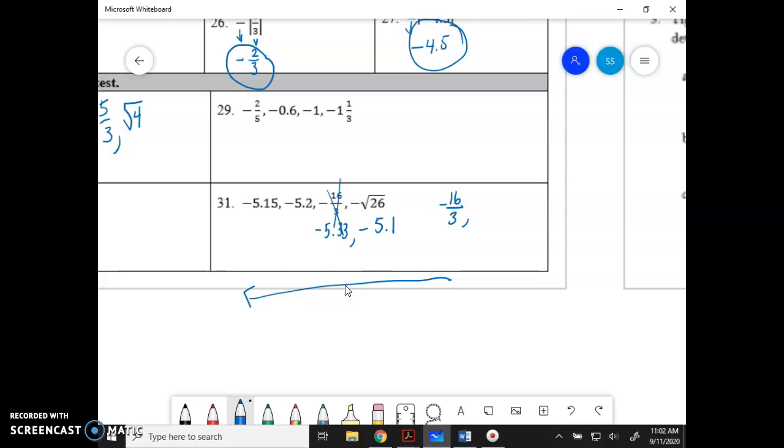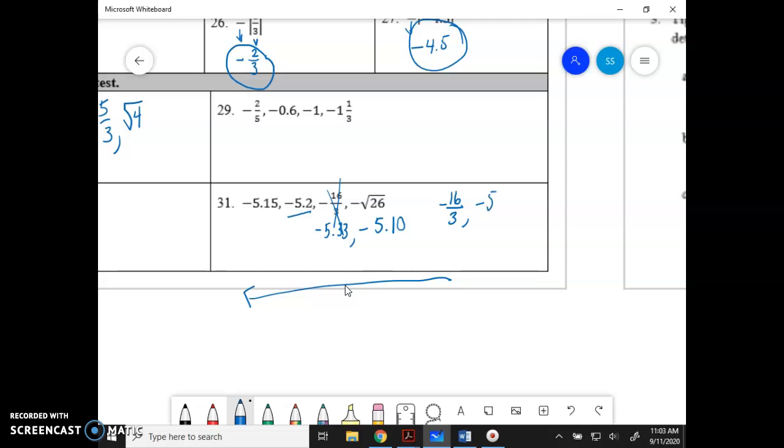All right, what is smallest next? Well, we got negative 5.1, negative 5.15, negative 5.2. And if you're not sure, if you add zeros, that might help. And just remember, we're negative, so the furthest left would be smallest. So we got negative 5.15, negative 5.20. So this would be the next one in terms of being plotted further to the left.